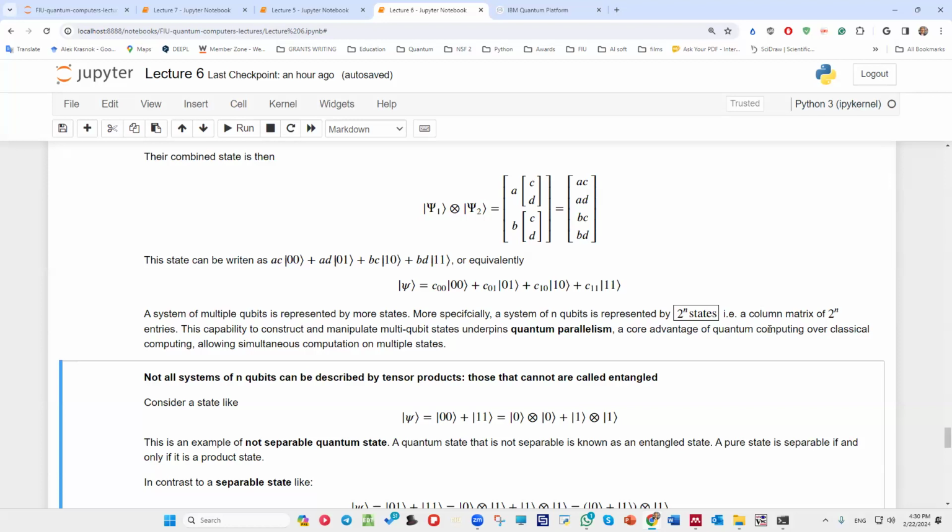So the dimensions of the vectors and matrices grow exponentially with the number of qubits. Adding 1 qubit to the system doubles the number of terms and doubles the rank of the matrix that represents these states.